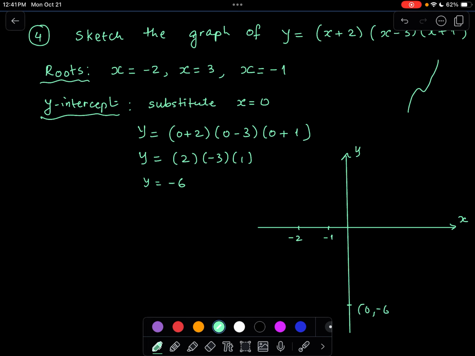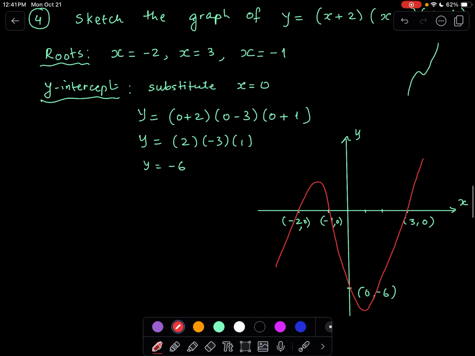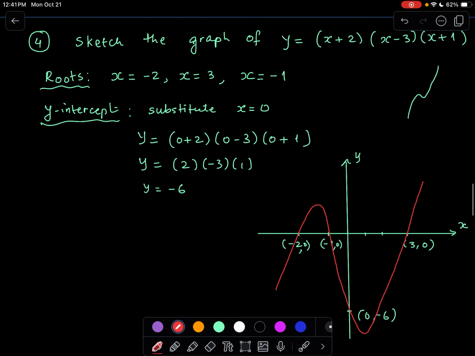So 0 comma minus 6, we may write it as minus 2 comma 0, minus 1 comma 0 here, and the last one being 3 comma 0, and we know that it is going to be uphill. So go up the hill, climb up the hill, come down, pass it through the y-intercept, and then go up. That would give you full marks.